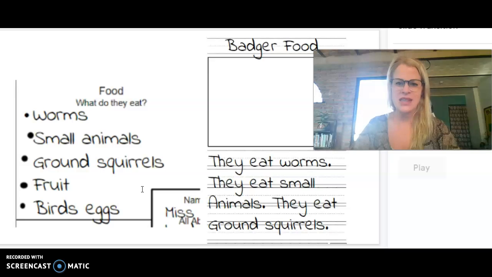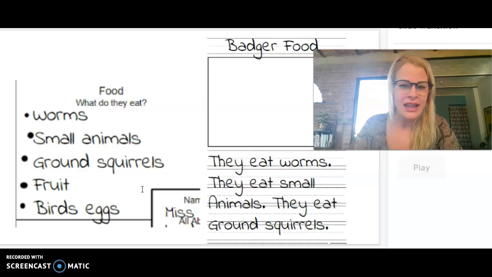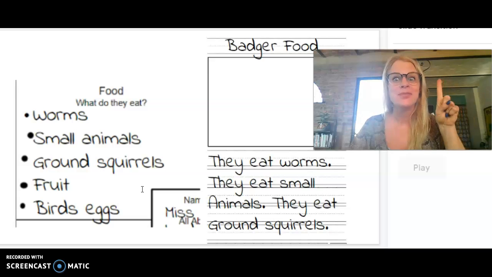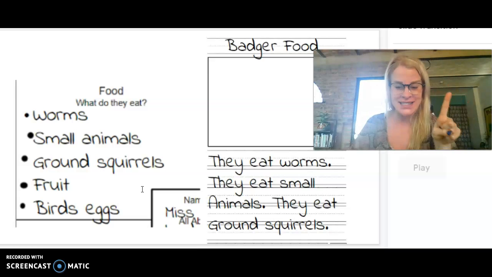They eat worms. They eat small animals. They eat ground squirrels. It sounds a little disconnected, kind of boring. I wonder if I can make it a little bit smoother. I need to connect the dots.